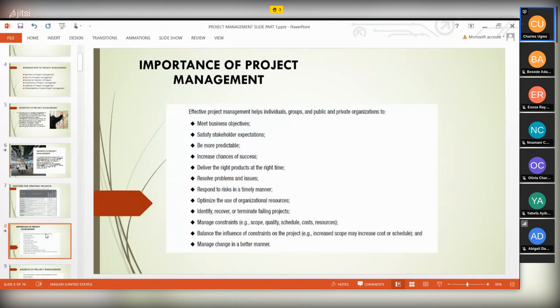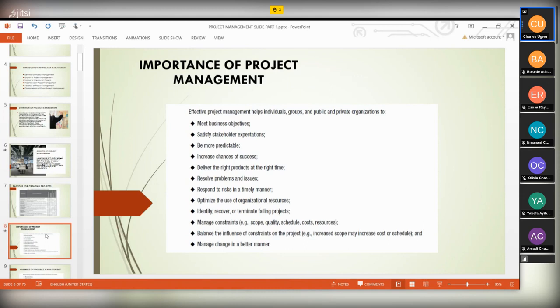When a product you are producing is no longer in trend, it becomes obsolete, there is a need to close that project, so that you reduce the amount of loss you get from that project.